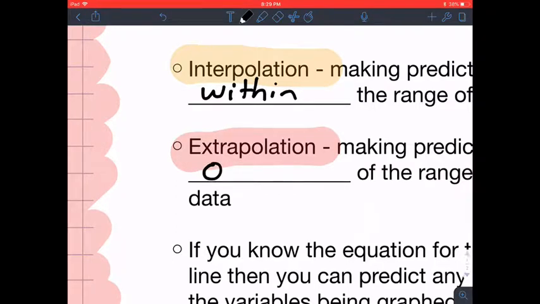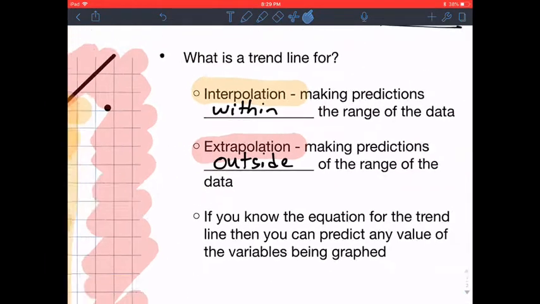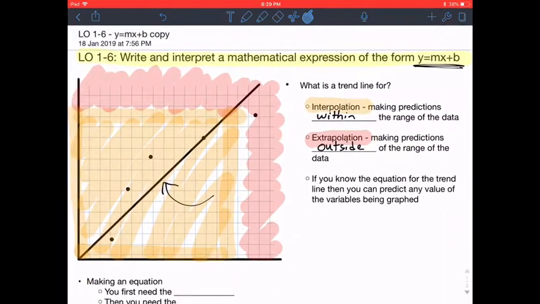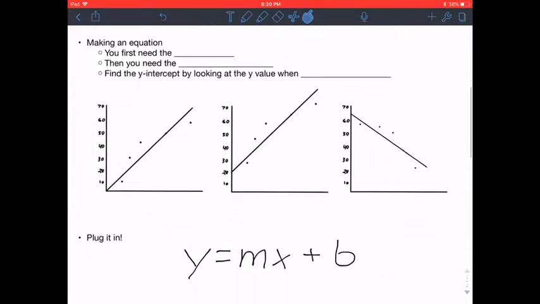Outside of the data range, it's a really important part of scientific theories, is the fact that if a scientific theory is good, if a model is good, like if this is the right trend line for this data, then we can use it to predict things that are happening at much bigger scales or much smaller scales than what we're actually testing in the lab.